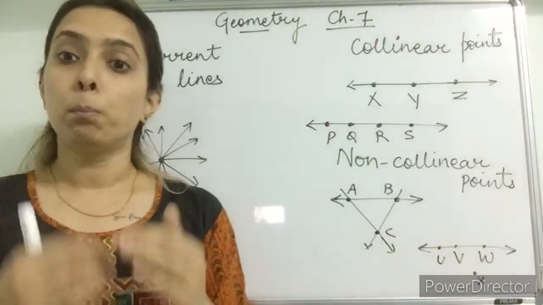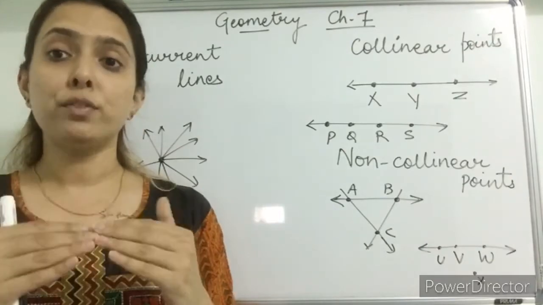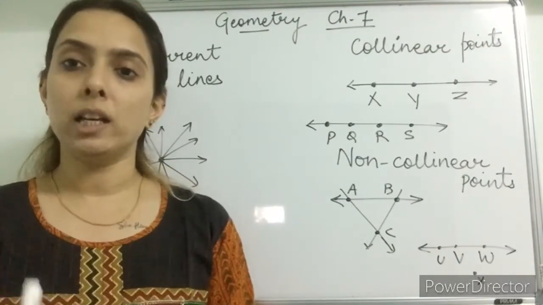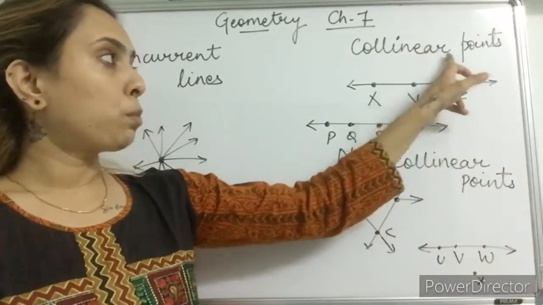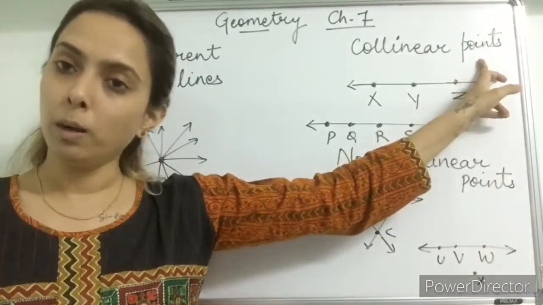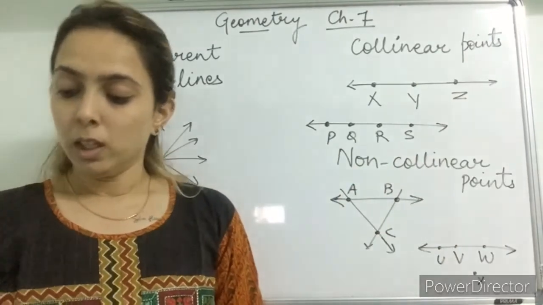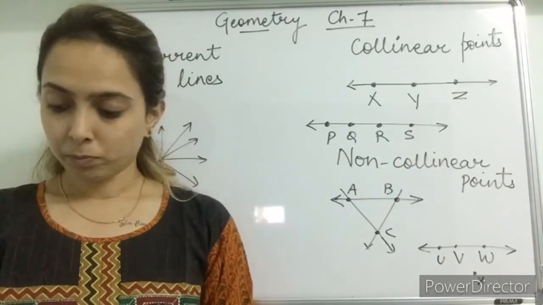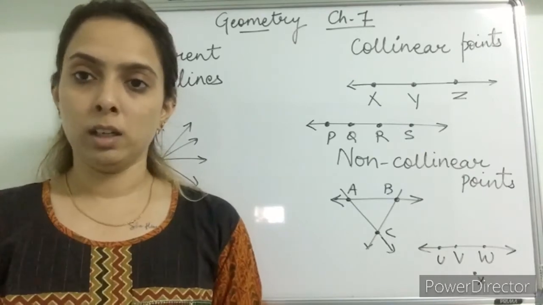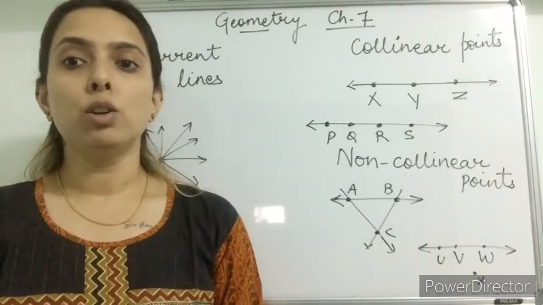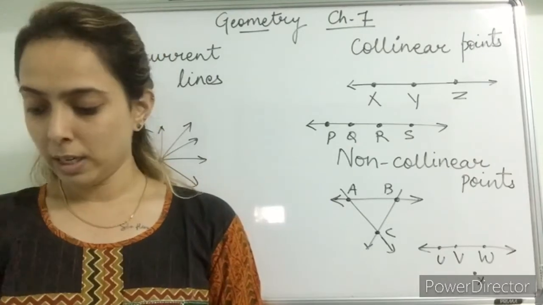Collinear points: 3 or more than 3 points that lie in a straight line are known as collinear points. Next is non-collinear points: 3 points not lying in the same straight line are known as non-collinear points.